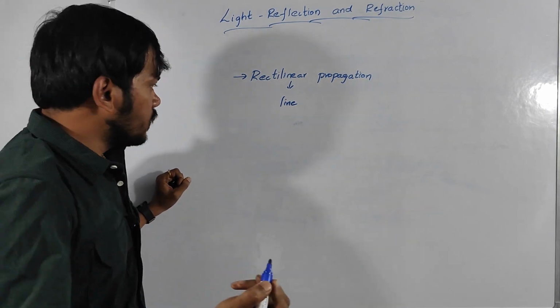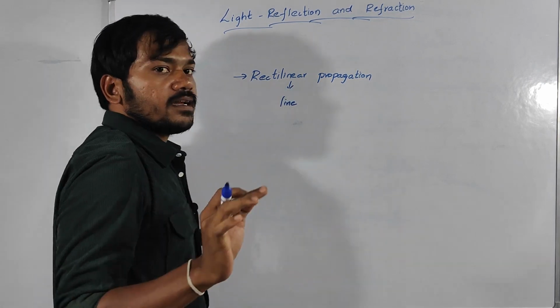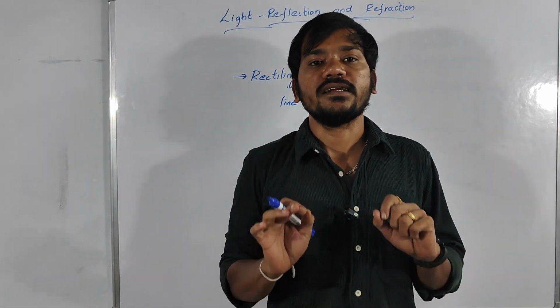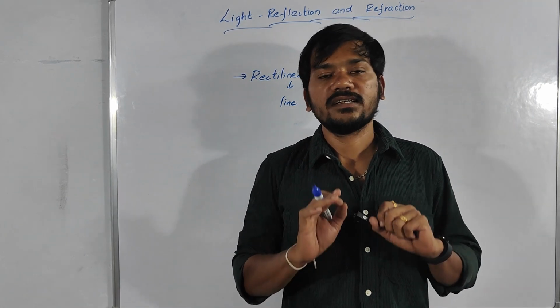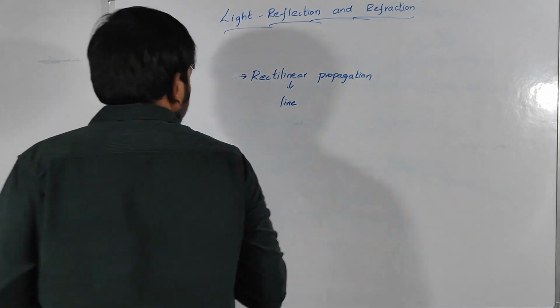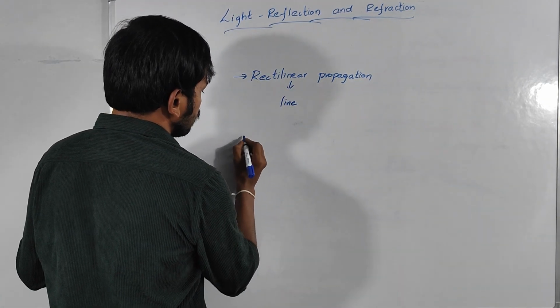So the rectilinear propagation of light says light travels in the form of straight lines. Say for example, we have taken a source.